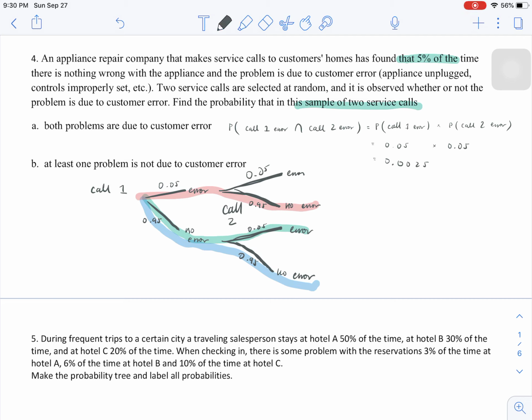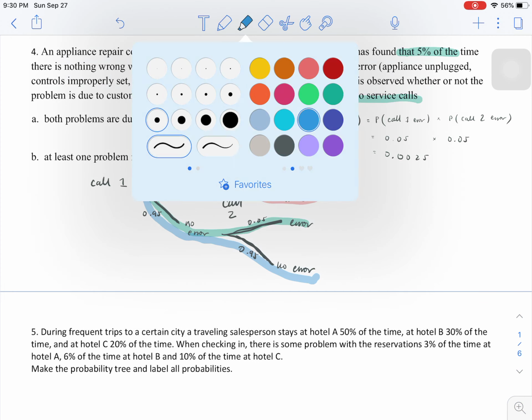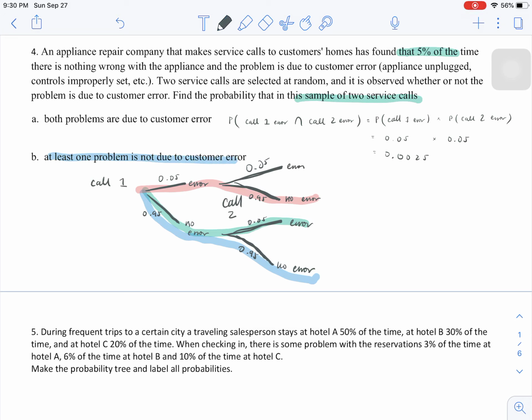Okay, so to calculate the probability of this event, all I do is add up the probability of each of these 3 branches. So let's do the pink branch. That's 0.05 times 0.95 plus, let's do the green branch, 0.95 times 0.05 plus the blue branch, 0.95 times 0.95.